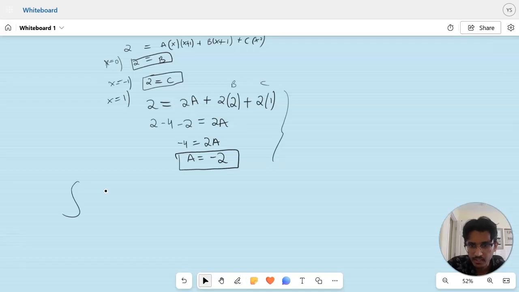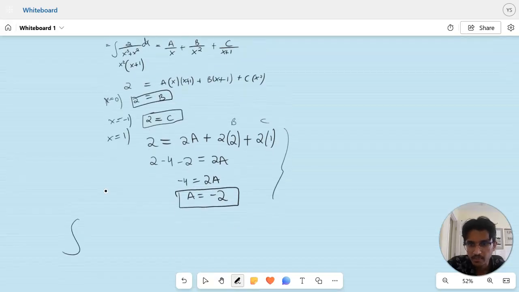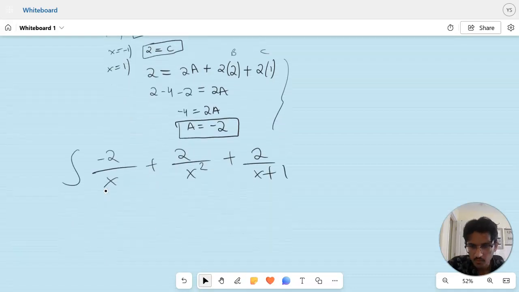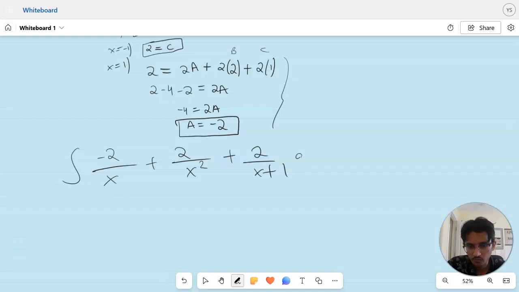So what is our a value? A is negative 2, so we're going to find the integral of negative 2 over x plus b 2 over x squared plus c plus 2 over x plus 1, dx.